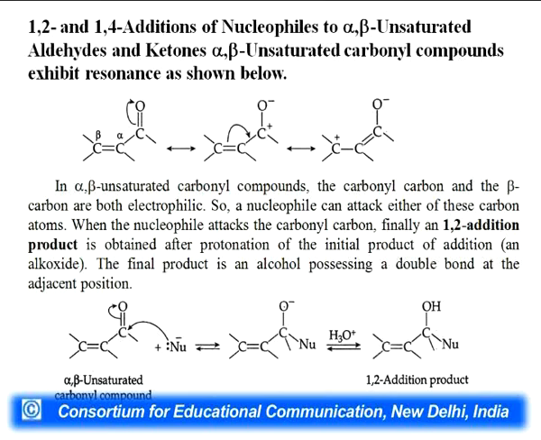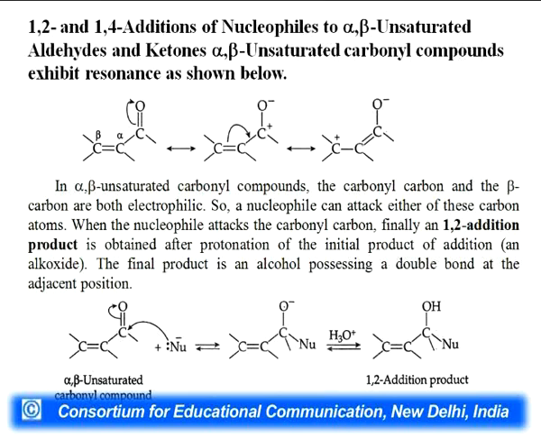When the nucleophile attacks the carbonyl carbon, a 1,2 addition product is finally obtained, because we are considering oxygen as 1 and carbon as 2, after protonation of the initial addition product. This is an alkoxide. The final product is an alcohol possessing a double bond at the adjacent position.